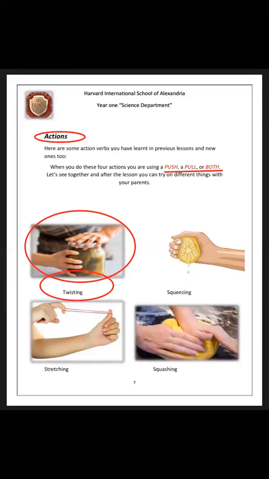When you open the jar, do you push or pull? Think, do you push or pull? Did you ever open any kind of jar, a jam, honey, anything? You push, trying to open it. You do not pull. You pull it at the very end, but you make an effort to push and open, and then you pull it out.